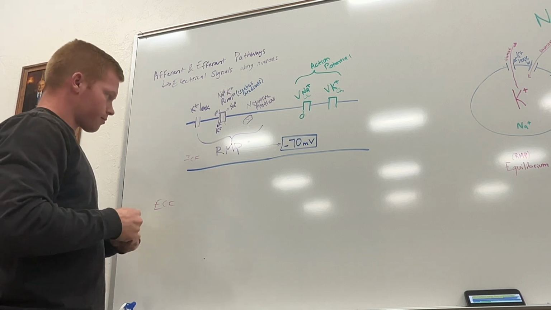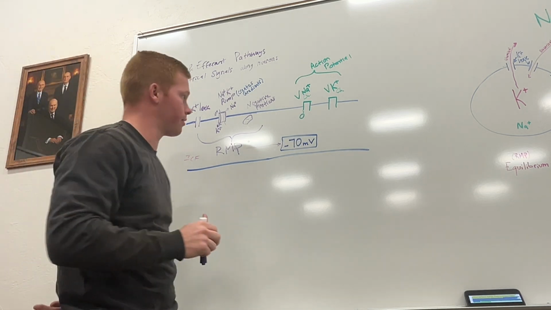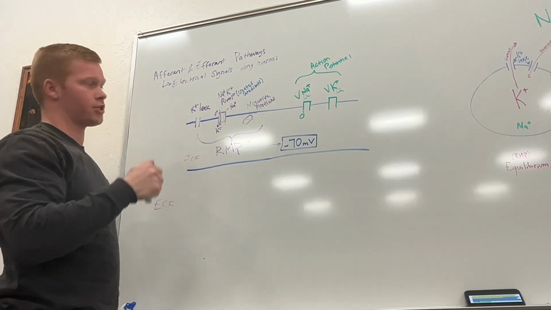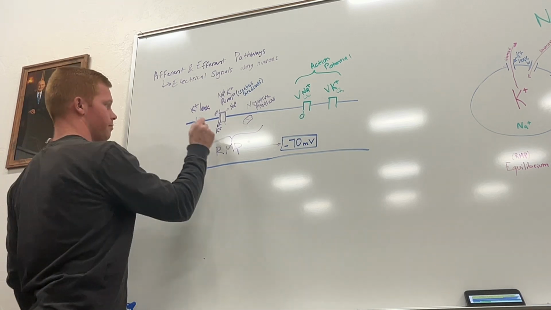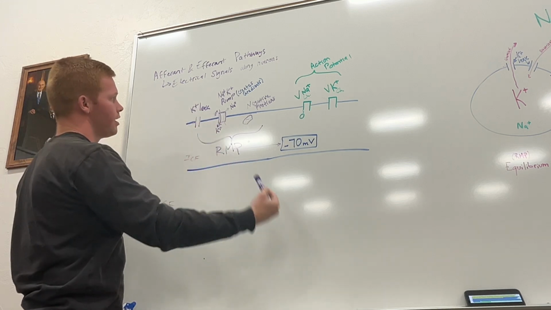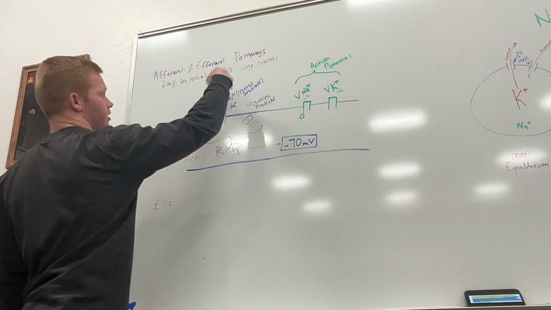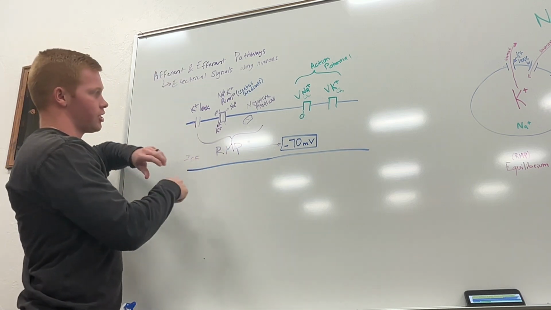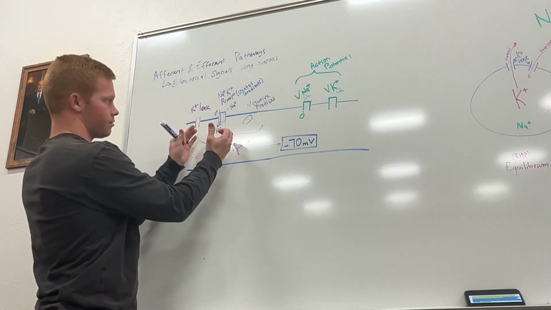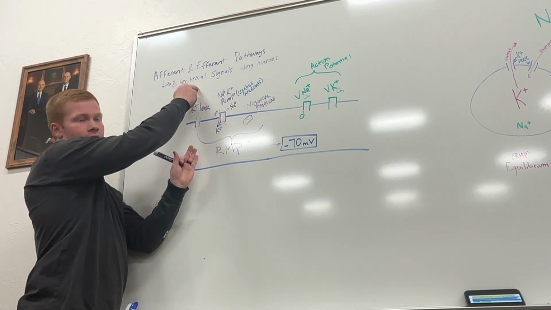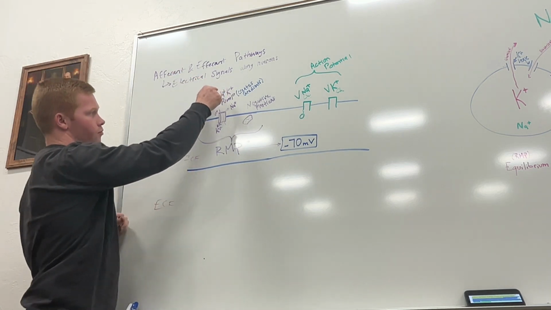So, first we're going to talk concentration gradient. The sodium potassium pump creates this concentration gradient because it pumps potassium into the cell, putting more potassiums into the cell. It pumps sodium out of the cell, putting more sodiums on the outside of the cell. So it creates this concentration gradient of more potassiums inside the cell, so they want to go out the leak channel to the outside of the cell where there's less potassium. Sodium wants to do the opposite.